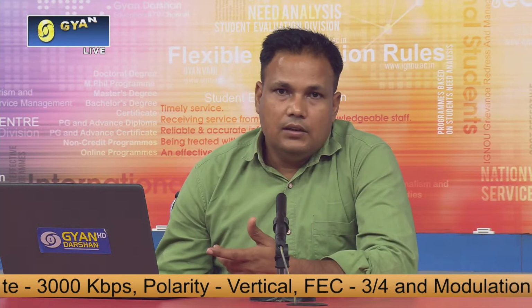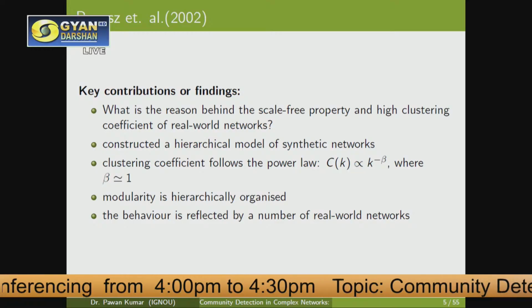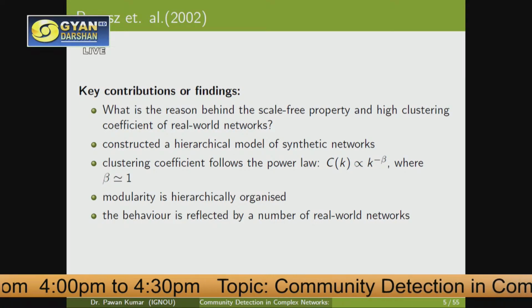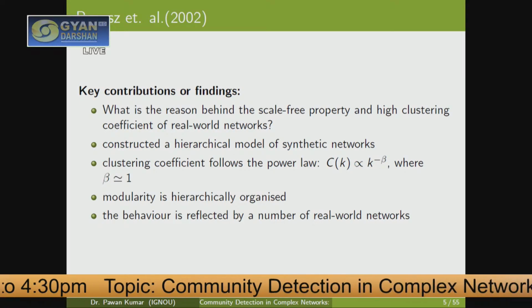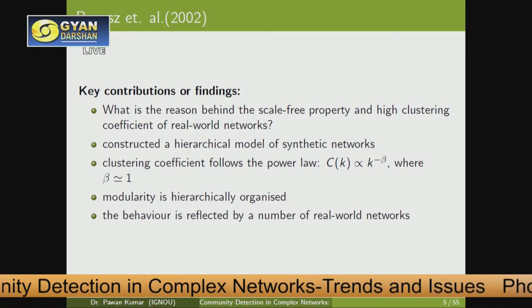Then comes the next thing: the hierarchically organized network is organized into a smaller number of modules. If you look at the top level, you will find that this network is composed of very few modules, but those modules are further divided into sub-modules and so on. This is what is called hierarchical organization of a network.